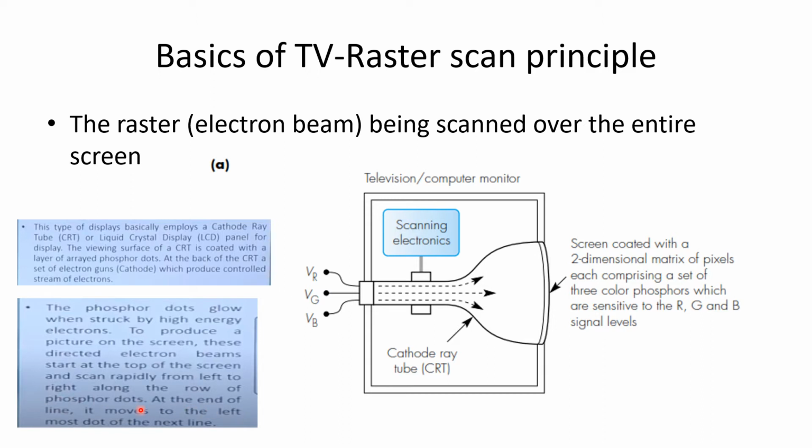At the end of the line, it moves to the next line. This is how progressive scanning occurs. Once the electron beam has split our image into a number of lines, it scans each of the lines one by one. This is the concept of the scanning principle employed in television.